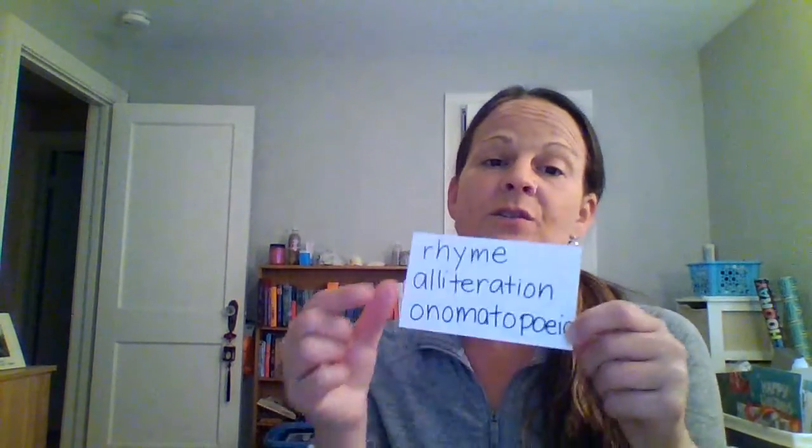That one was alliteration. So, what was the letter or the sound that was repeated? The dirty dog did some digging in the dirt. The letter D, or the D sound, was at the beginning of a lot of the words in that sentence. So that was alliteration. Okay, so now what about rhyme?